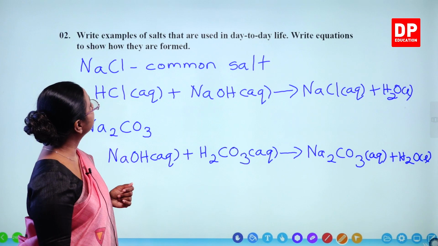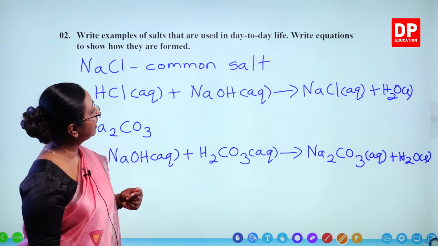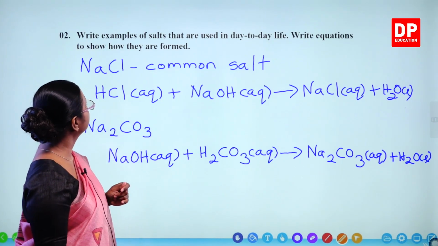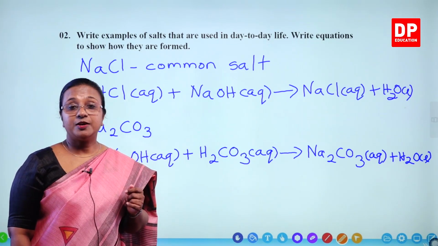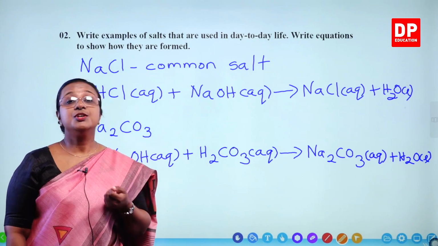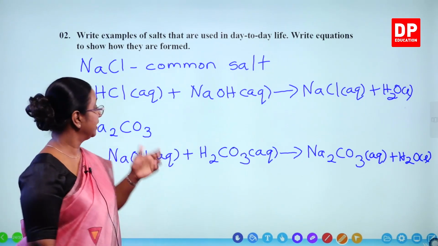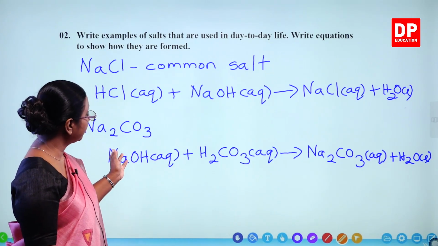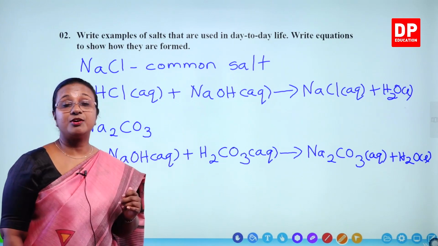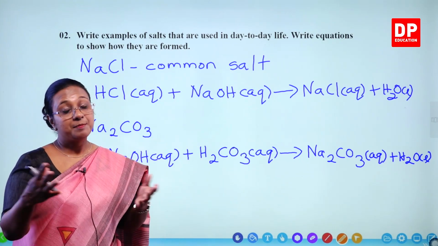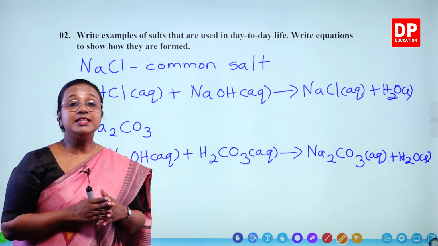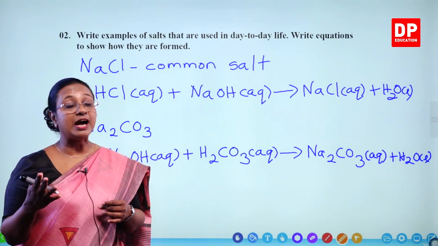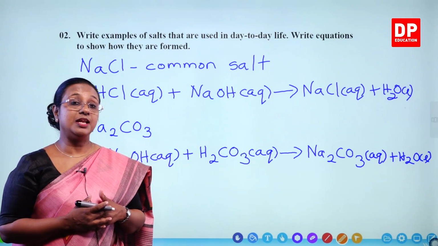Write examples of salts that are used in day-to-day life. Write equations to show how they are formed. What else can you think of? You can even write sodium bicarbonate. That also forms during a reaction between sodium hydroxide and carbonic acid, but in a different way. So you can also write the equation, students, where you write calcium bicarbonate.